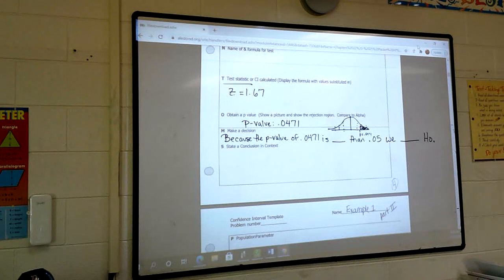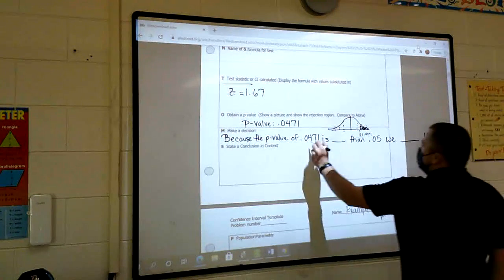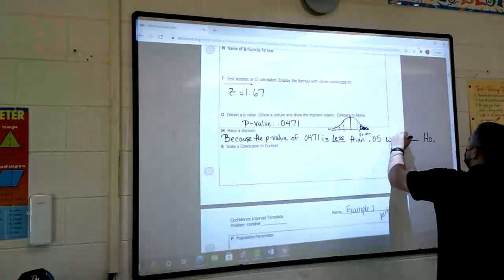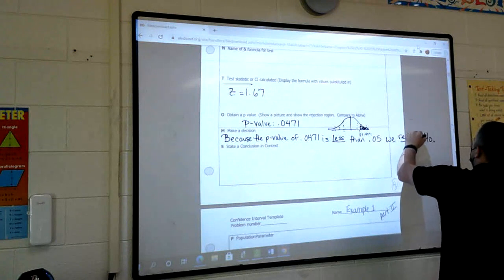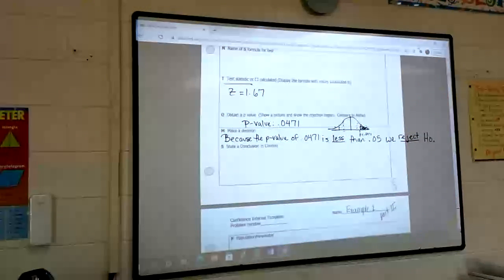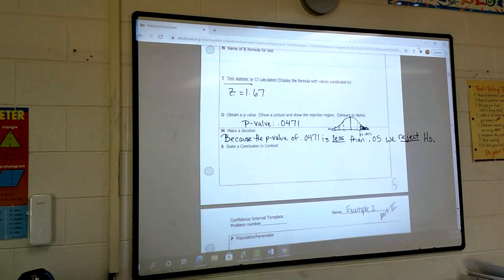Okay. So in this one, 0.0471 is less than 0.05, so we reject H0. That means we reject the null hypothesis because it has a less than 5% chance of actually being true with us getting the results we got.